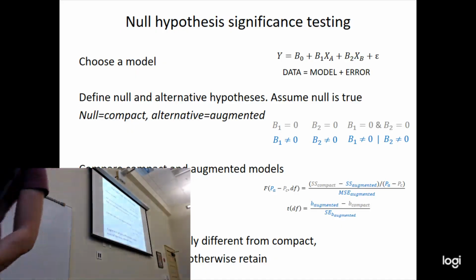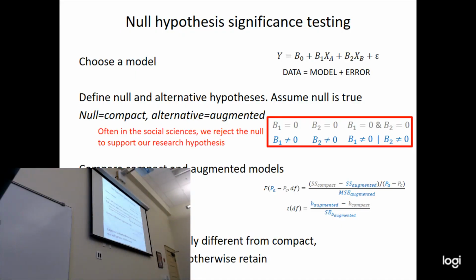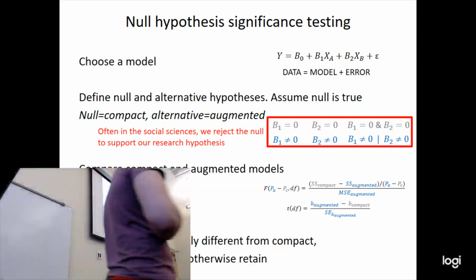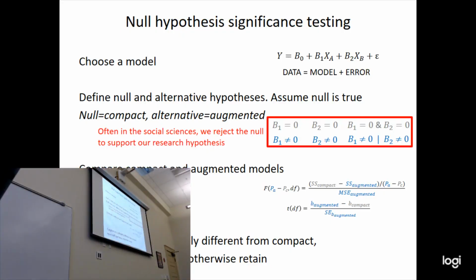Most of the time in the social sciences, when scientists use this method, they set the null hypothesis to be that some parameter of interest is exactly zero. And the thing that they take as evidence for the theory, the thing that they want to be true, I suppose, is that that parameter is not zero.